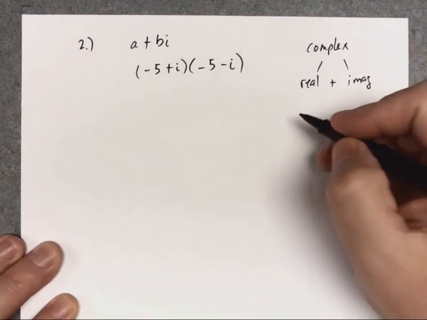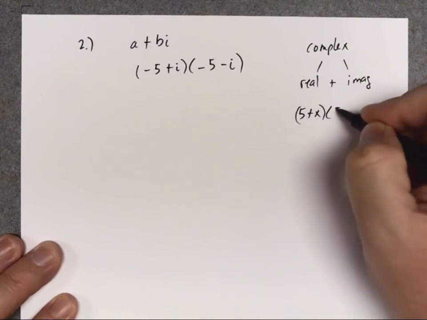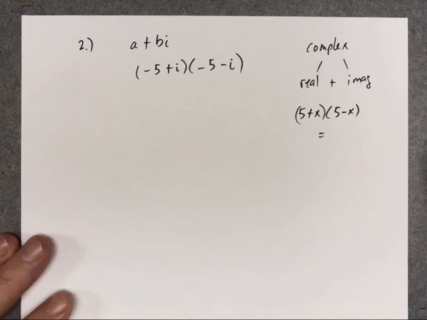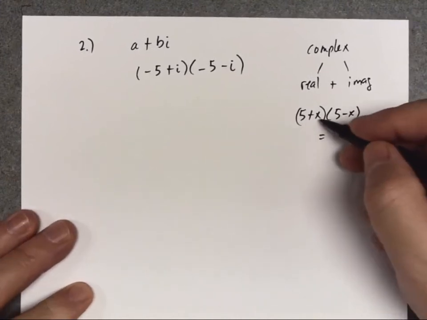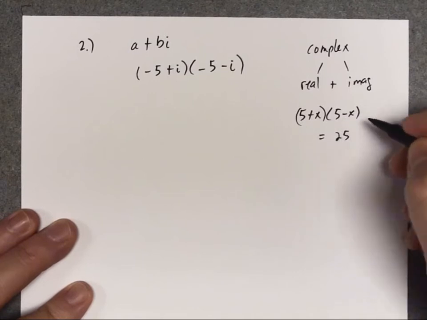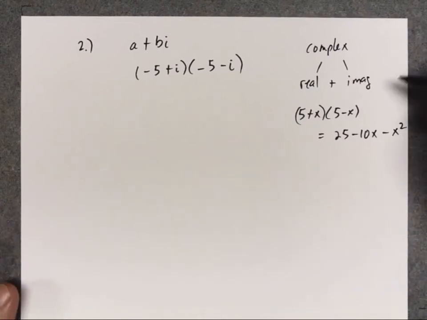Just like if I were to multiply 5 plus x times 5 minus x, I think most of you probably learned to use FOIL. And when you FOIL this out, maybe I'll skip a step, but I think if I'm careful, that ends up being what happens when you multiply it. I'm going to do the same thing here. I'm just going to do FOIL.